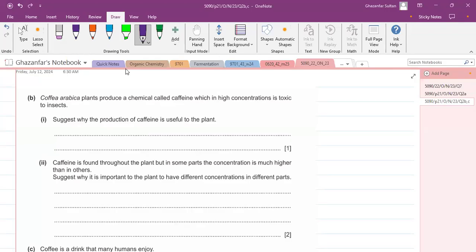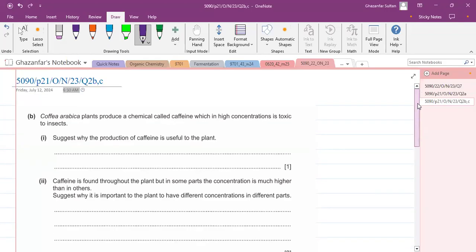Coffea arabica plant produces a chemical called caffeine, which in high concentration is toxic to insects. Suggest why the production of caffeine is useful to the plant. So they have already mentioned that it is harmful or toxic to the insect in high concentration.